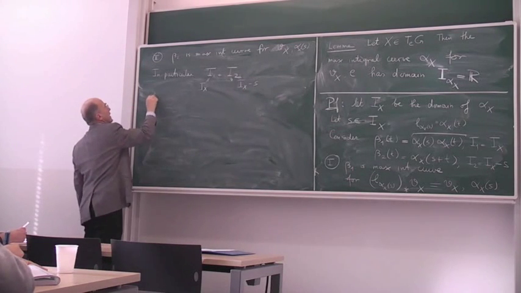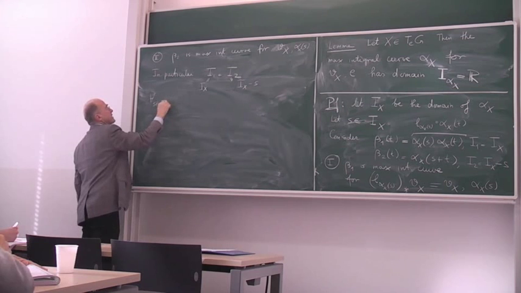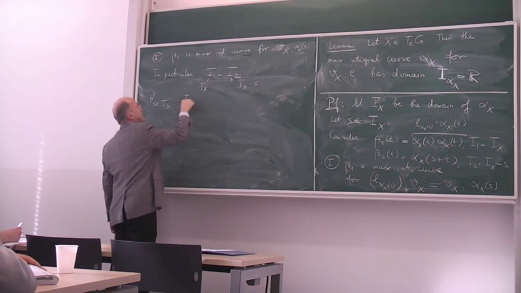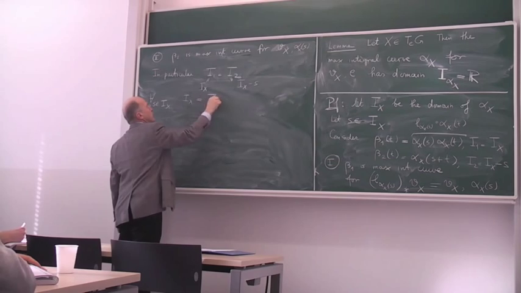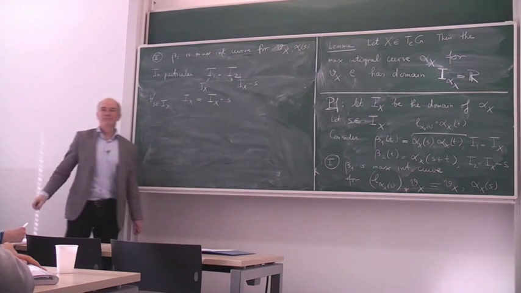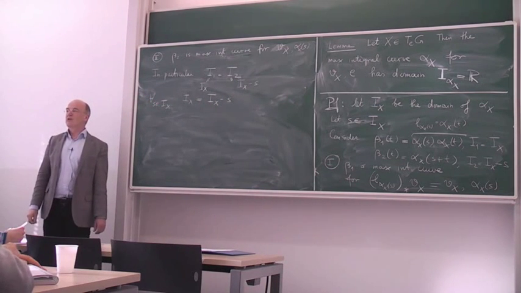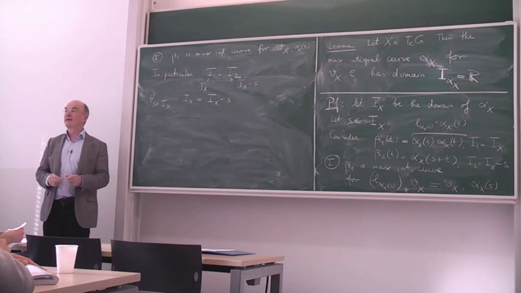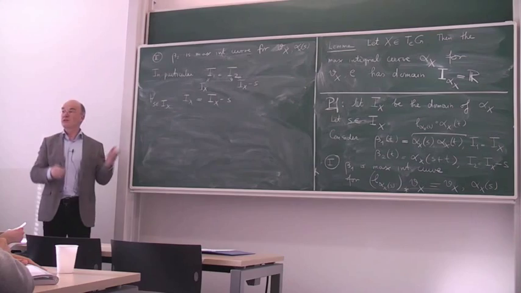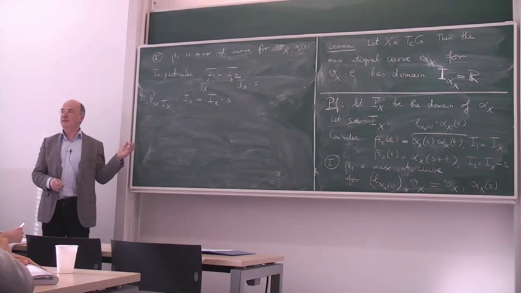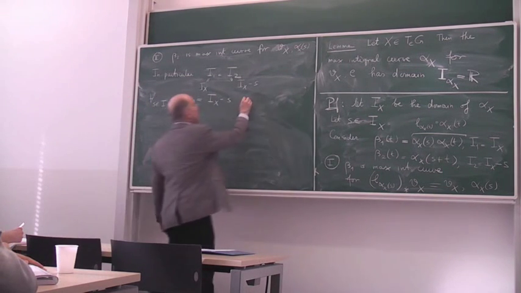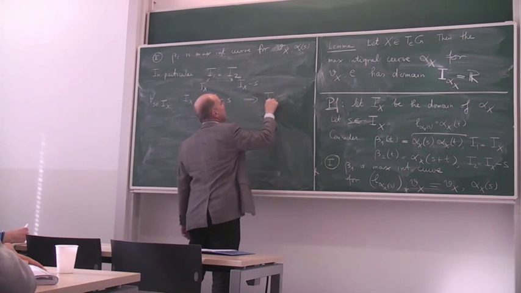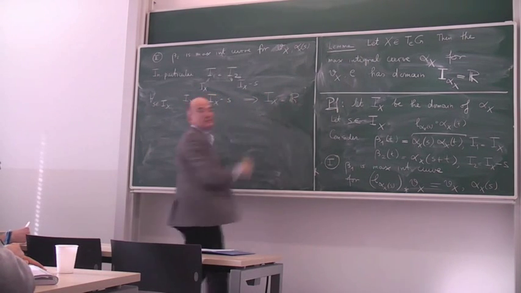So what we have shown is that for all s in I x, the interval I x is equal to its translate by minus s. Now 0 is contained in I of x, so we can use both positive and negative numbers to translate. And by applying all these translations, we see that the interval actually has to be invariant under translations. So this implies that I of x has to be all of R.